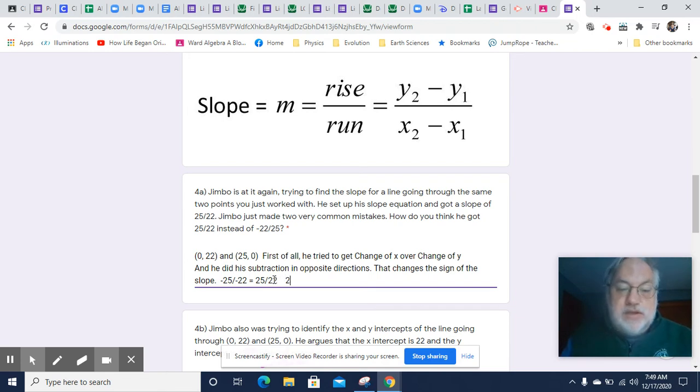Or he could have just done 25 over 22 and been done with it. Depends on which way he went with the subtraction. But either way, he went in opposite directions with the subtraction, and he did the x change over the y change. And one of those is in the opposite direction from the other. So you need to keep the subtraction flowing in the same direction.